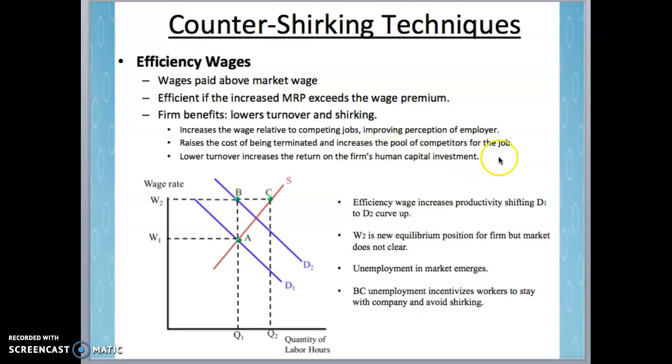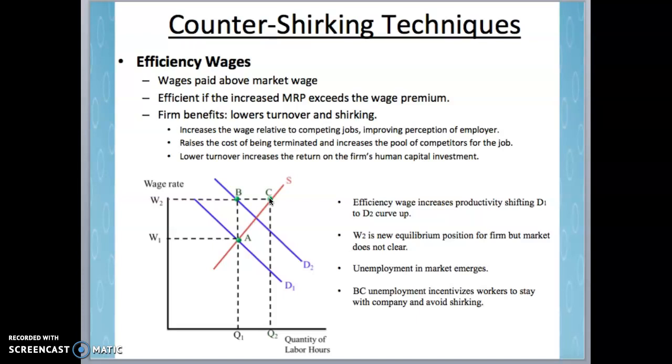It also increases the pool of competitors for the job. If you go back down here to our model, the initial equilibrium when we had a wage of $12 was right here, and the quantity supplied of workers was there according to the supply curve. But when In-N-Out comes along and pays an efficiency wage, moving the wage to W2, they actually attract workers. The supply goes up for their pool of workers.